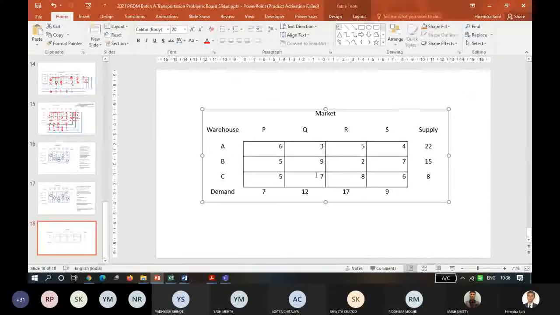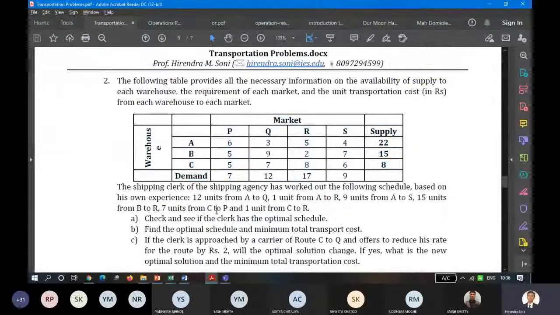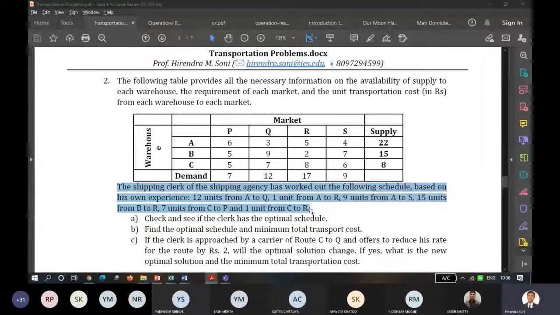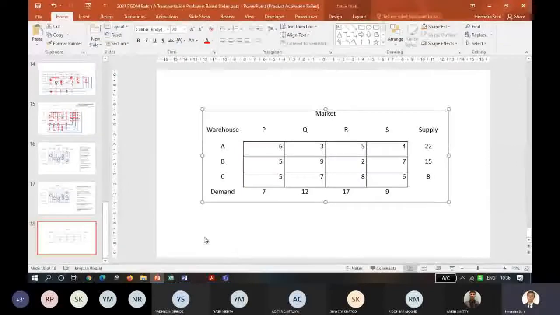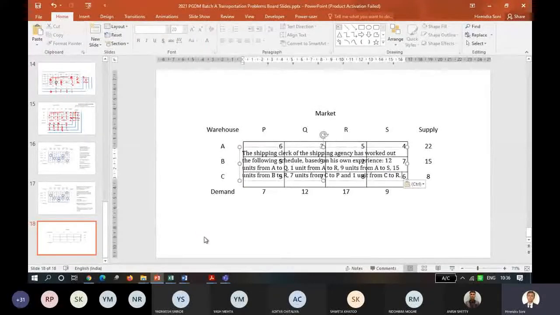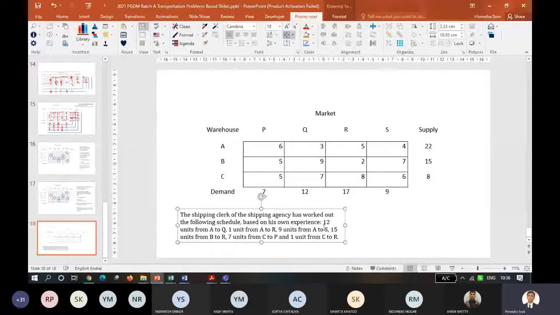Fine. Now, let me just copy the statement from here. It says this is the schedule which has been allocation which has been provided by the shipping clerk. So let me just put it here and उसको हम लोग workout करते हैं. Fine.